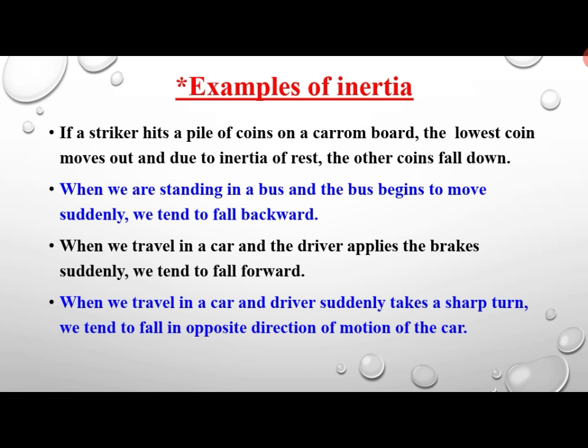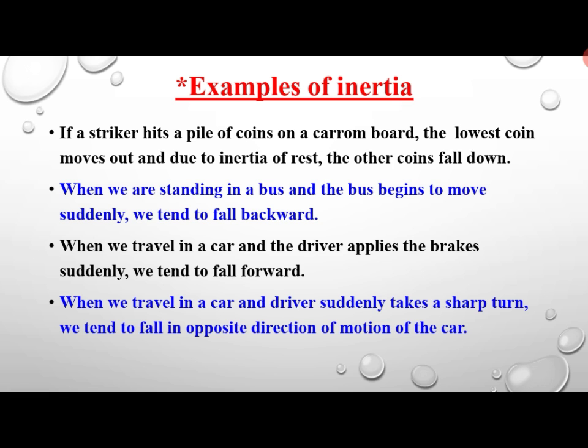Another example is whenever we are applying force on any tree, suppose a mango tree. If the mangoes are ripened, in that case what happens? Whenever we apply force on any plant or tree, the flowers or the fruit fall down. Why is it so?